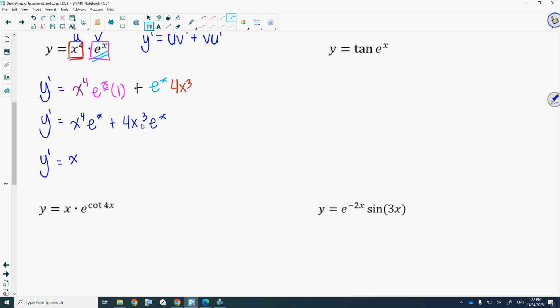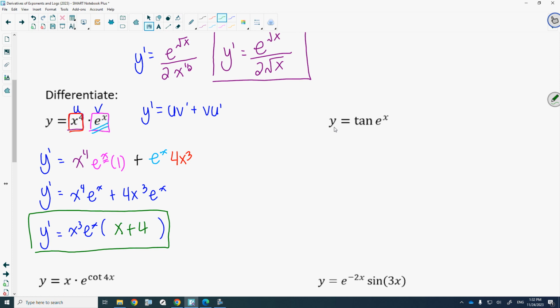So I'm going to factor out x to the 3 e to the x. And if I do that, my remaining factor would be x plus 1. So that would be my derivative. x plus 4, sorry. x plus 4.